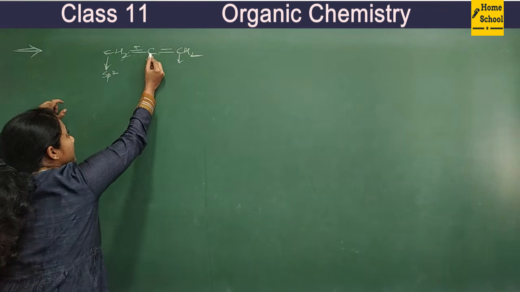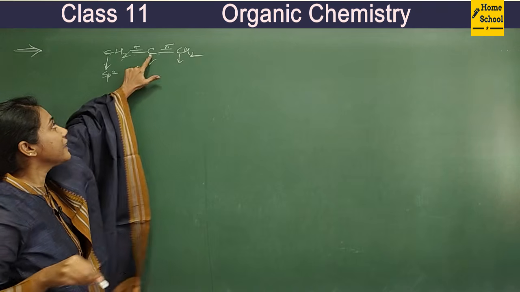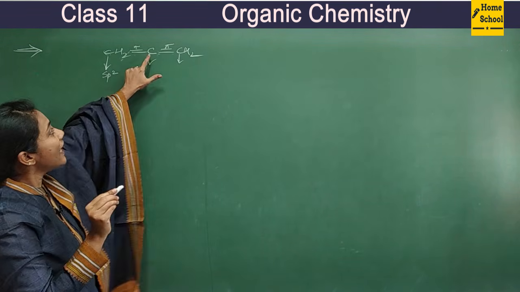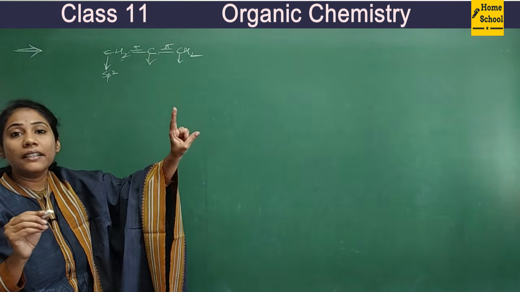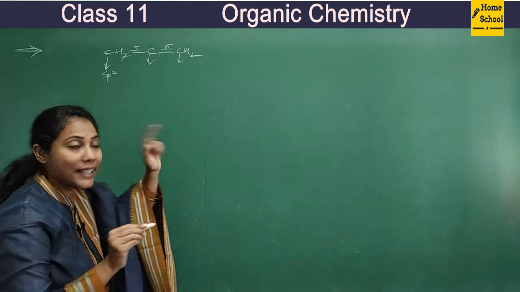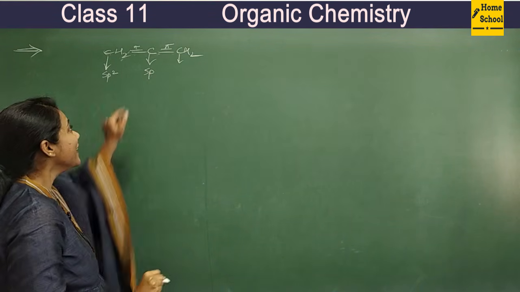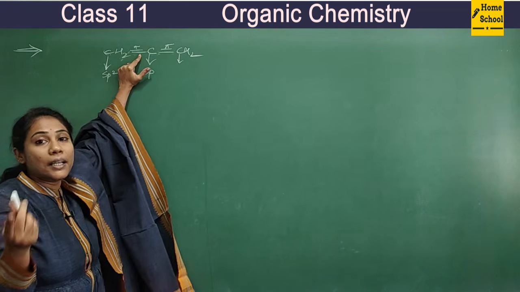Whereas you see this carbon, this side 1 pi bond is there, this side another pi bond is connected to this carbon, right? So in that case, this carbon is connected to 2 pi bonds. When a carbon has 2 pi bonds around it, then the hybridization is sp. It is not sp2. You cannot just decide based on the double bonds.